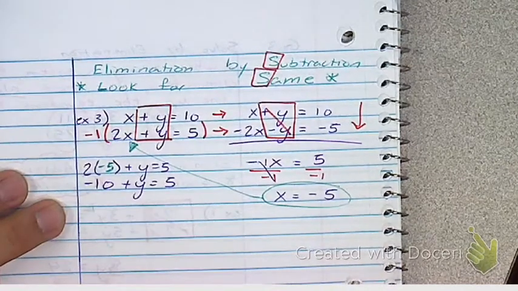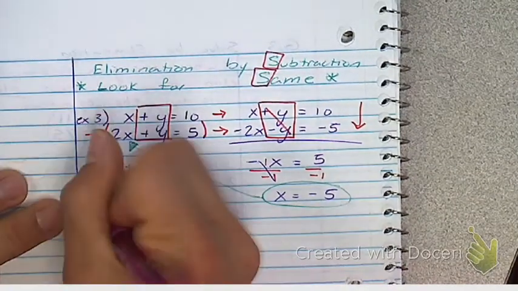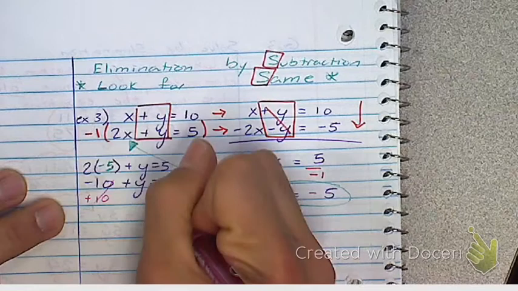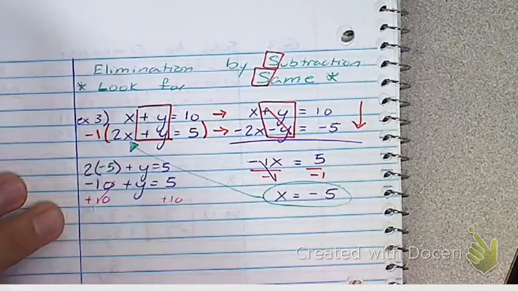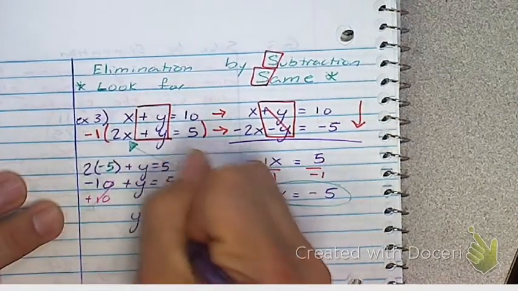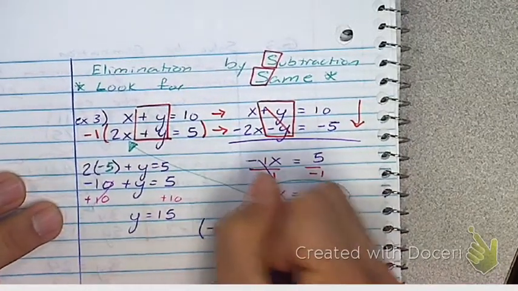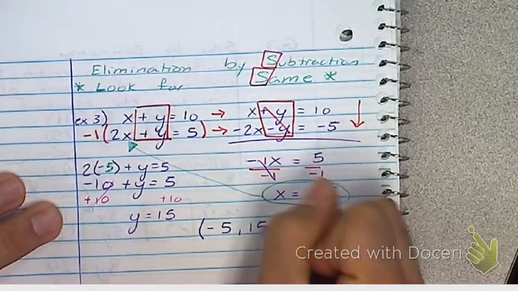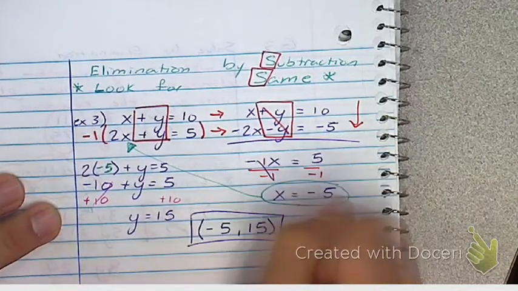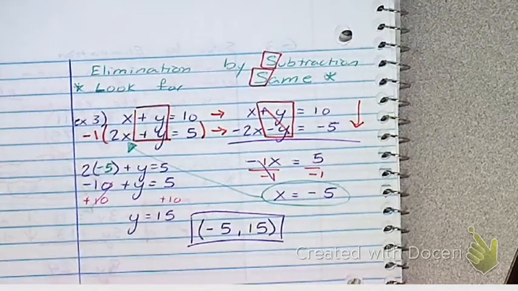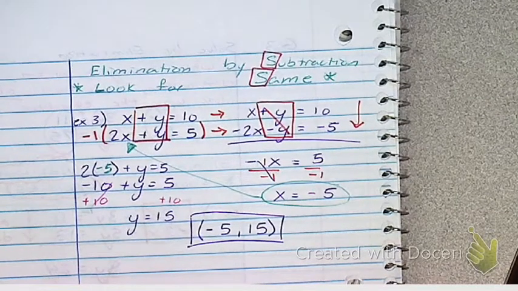What's next? y equals 15. My solution is negative 5, comma 15. Good. Is there any more work at all? No. Maybe just that one little step in the beginning?